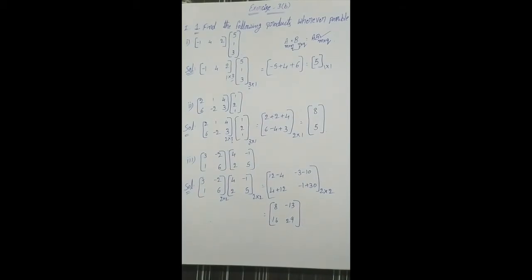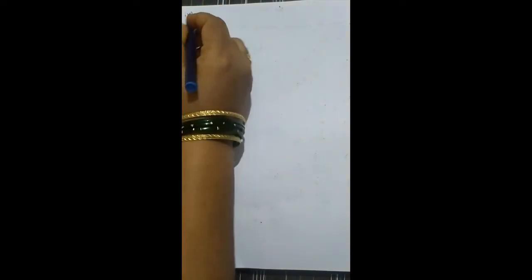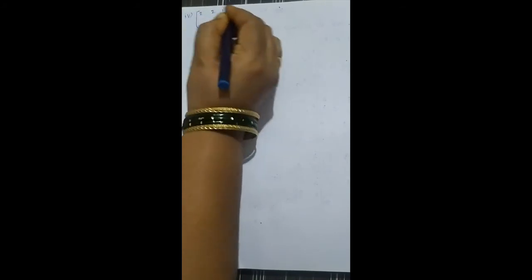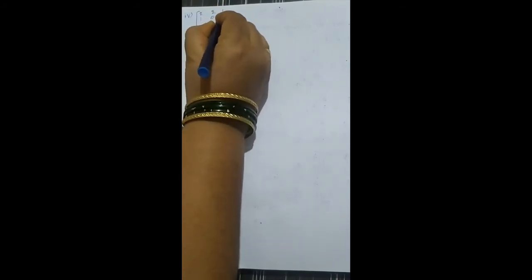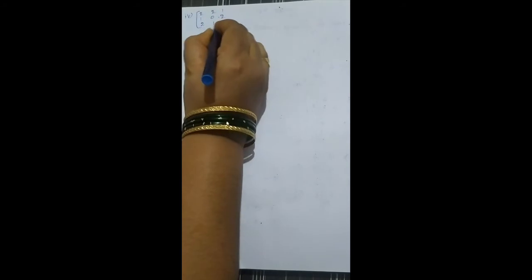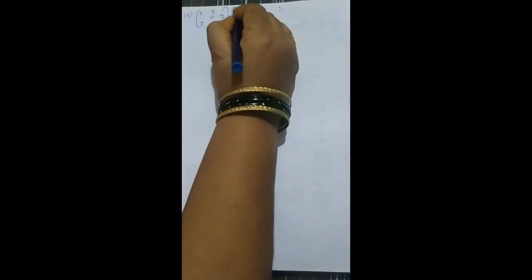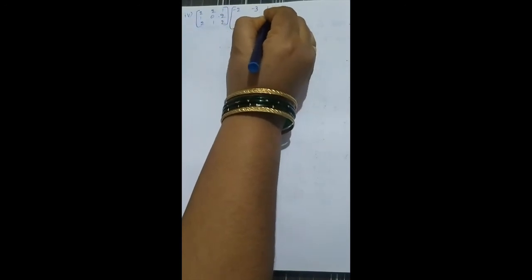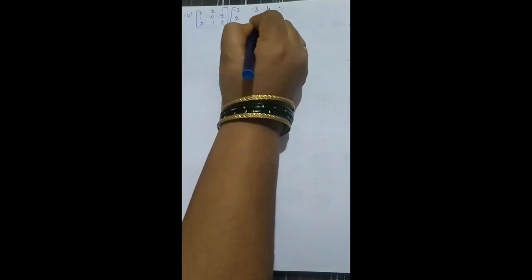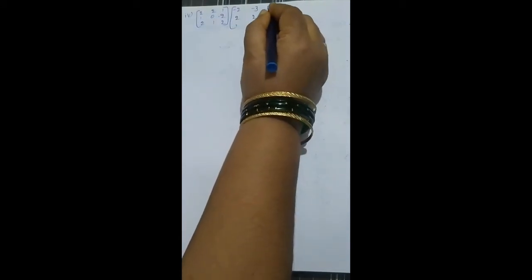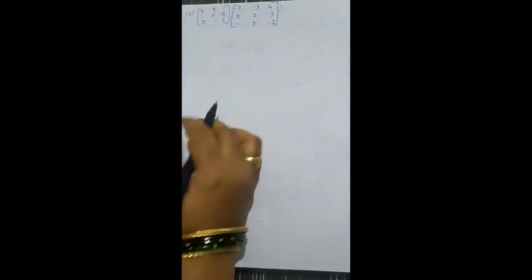We will go to the fourth subproblem. In the fourth one, the matrices are 2, 2, 1, 1, 0, 2, 2, 1, 2. Second, minus 2, minus 3, 4, 2, 2, minus 3, 1, 2, minus 2. These are our given matrices.